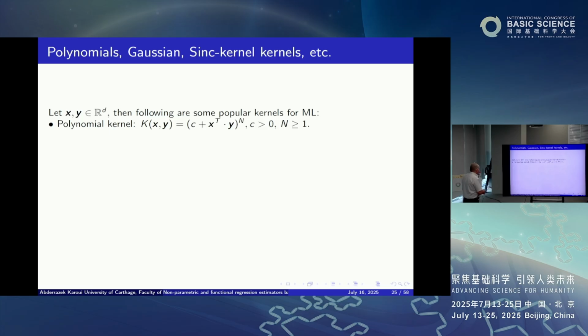What's interesting is that one has 100,000 kernels. So I cite some kernels. The polynomial kernel, it's just c plus the inner product x transpose y, to the power n.